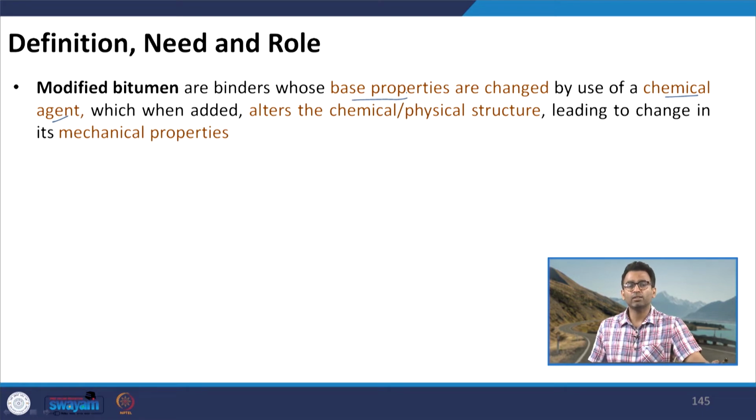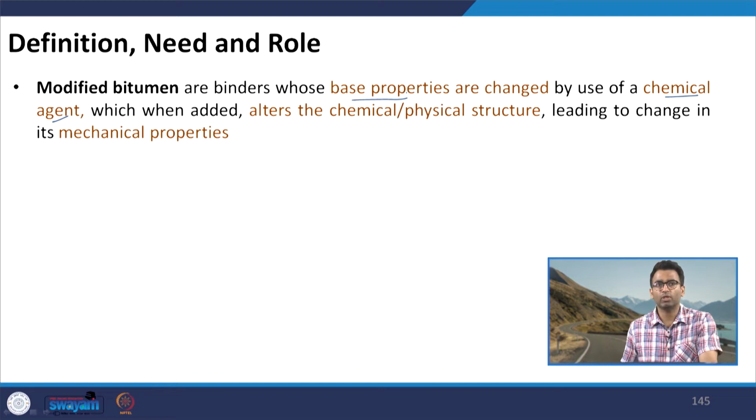When we add these chemical agents, either they get chemically reacted with some of the components of the base asphalt binder, or mostly, as we will discuss, it is a form of physical interaction where the modifiers get dispersed inside the structure of the conventional bitumen, and this leads to a change in its response to any given loading condition. The idea here is to improve the response, or to reduce the resistance to deformation.